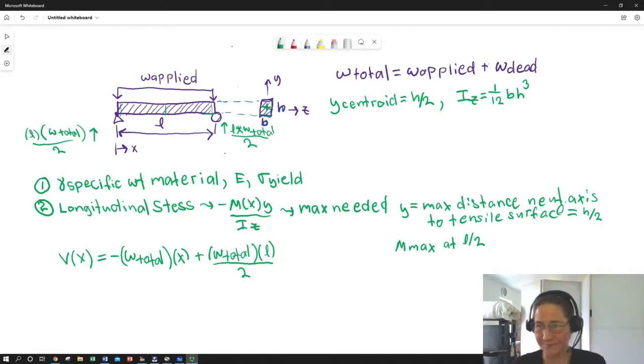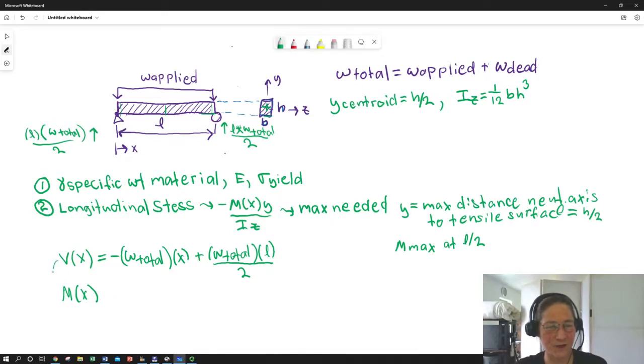Okay, resuming. So here is our shear. We'll need to know the max shear for our total shear expression, but for longitudinal stress, we need moment. So we can integrate this again between x and L, and integrate the other side from the shear at 0 to the shear at any x, or from the moment at 0 to the moment at any x.